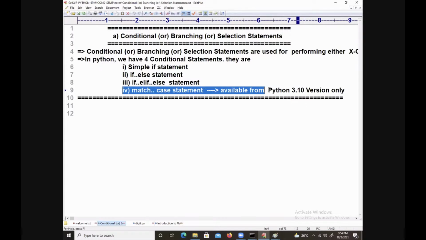Even though our companies are using 3.7, still we are learning advanced features in the class. Match case is still pending, which I will explain separately. It is very easy. We understand three things, and match case is going to be dead easy for you. Nothing to worry.